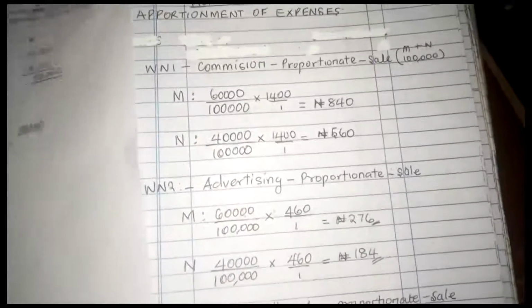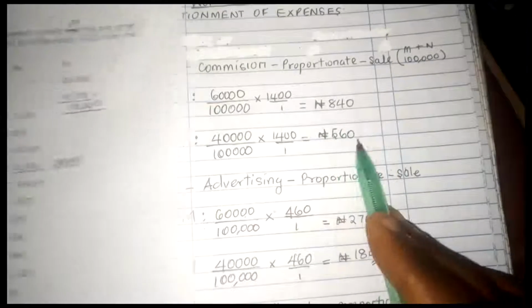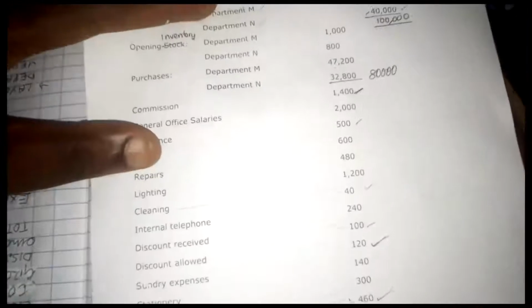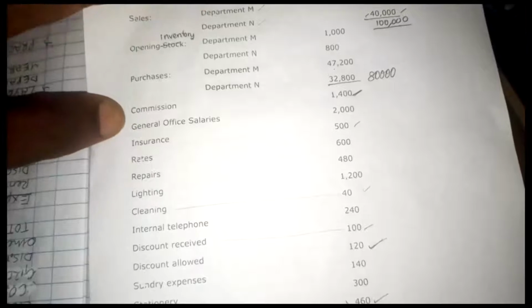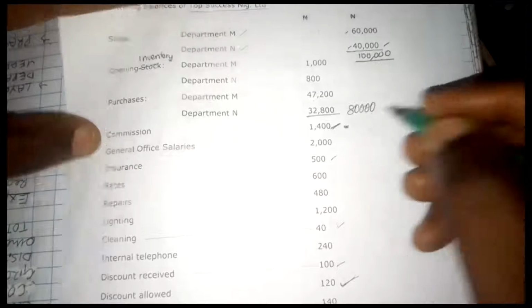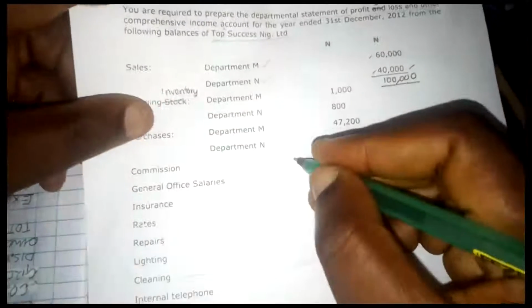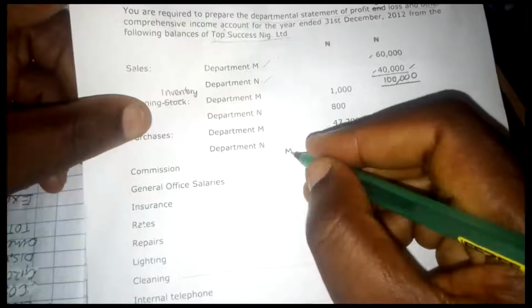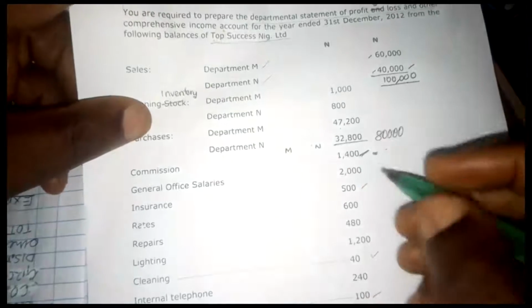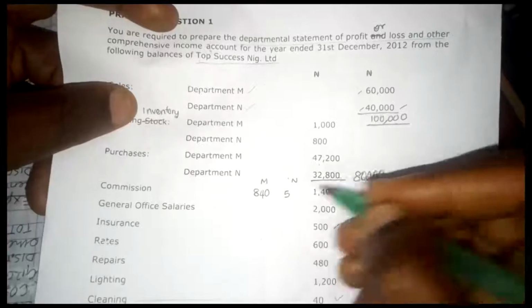So commission is 840 and 560. So I will come here, I will look at commission. What is my commission? So I will just quickly write in my paper, I'll just write M and N here. So it is 840 and 560.